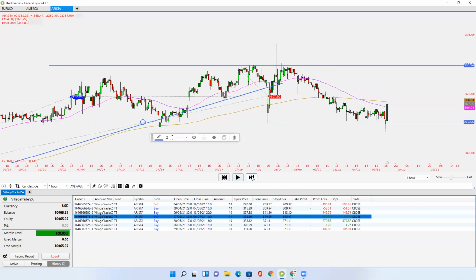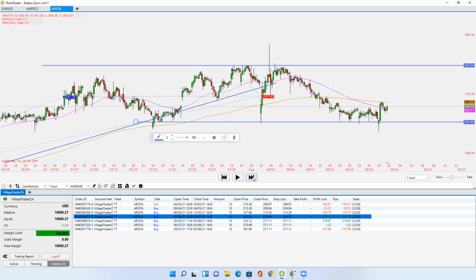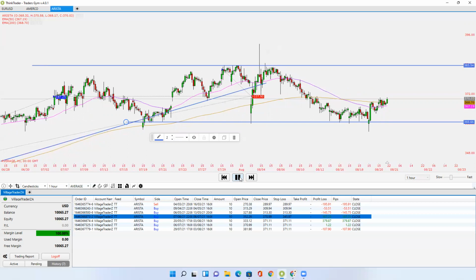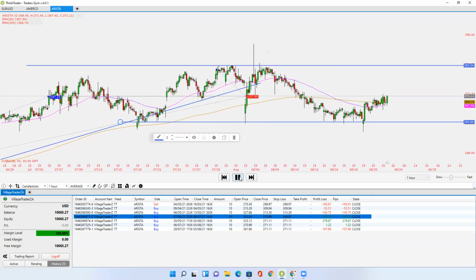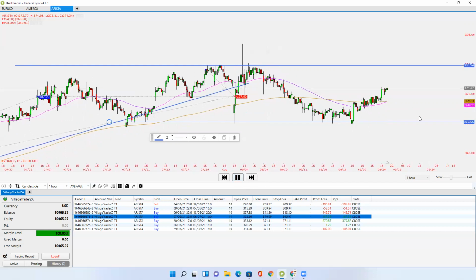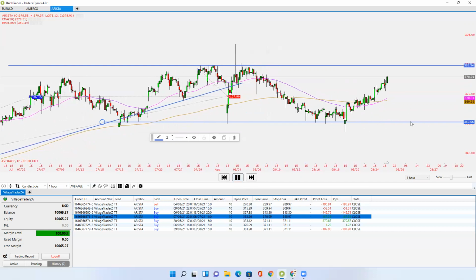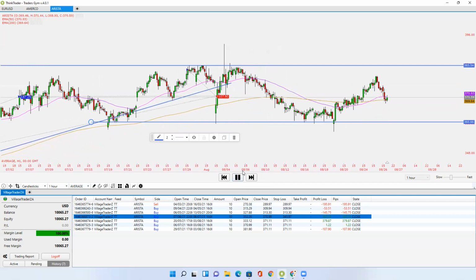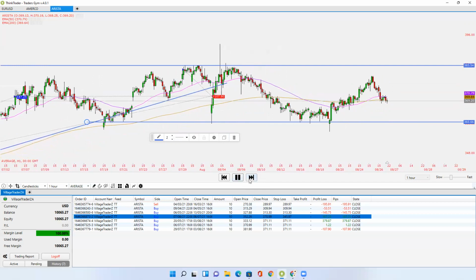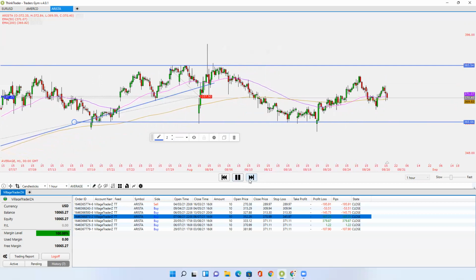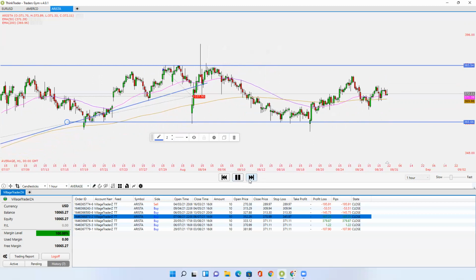Okay, then it close through. So I'm waiting for the 362 to break below. Well, looks like that's not happening. Looks like we find ourselves in a giant range.